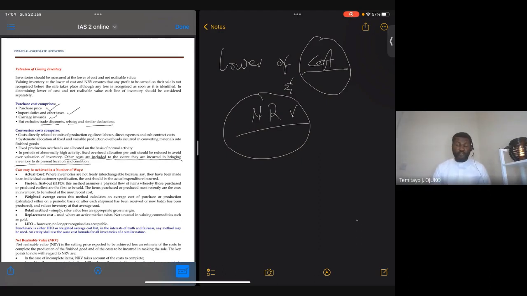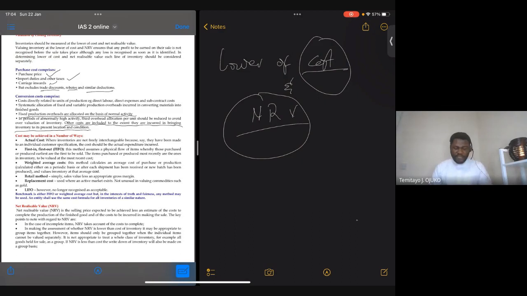For example, if there's a fixed cost in a particular factory, you shouldn't add the total fixed cost to the inventory. That is where we now say you add the fixed production overhead that are allocated on the basis of normal activity.